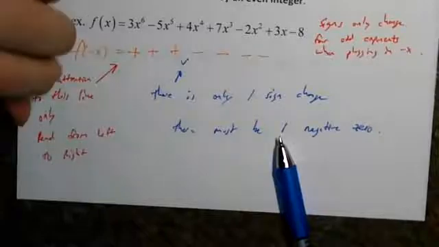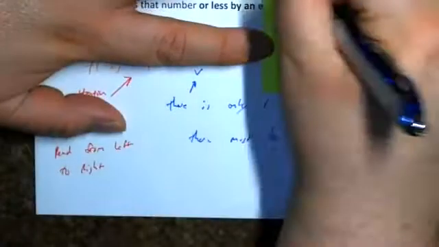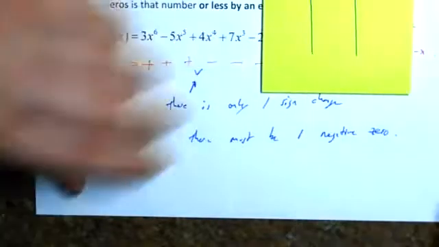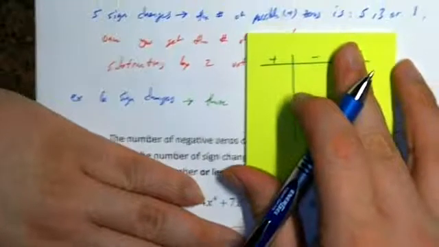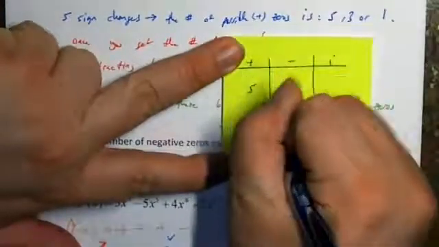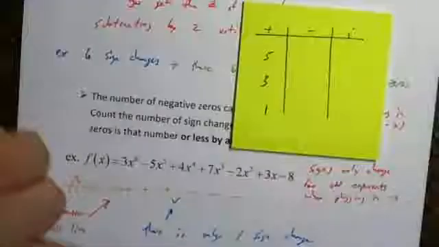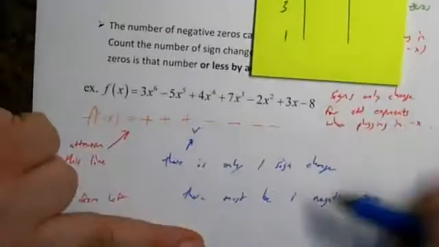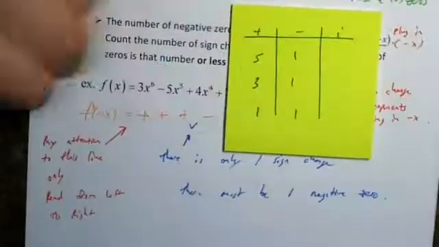So what that would mean is if I was setting up a table, here's how it would look. Positive, negative, imaginary. How many possible positive zeros would there be? Okay, well, the number of sign changes was 5, so there would be 5, 3, or 1 possible positive zeros. Okay, there must only be one negative zero. There must be a negative zero. So there's only one negative zero.